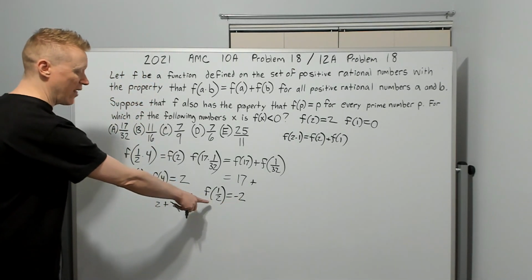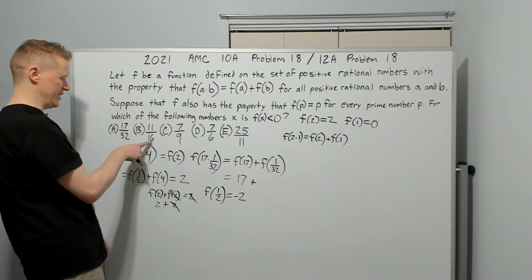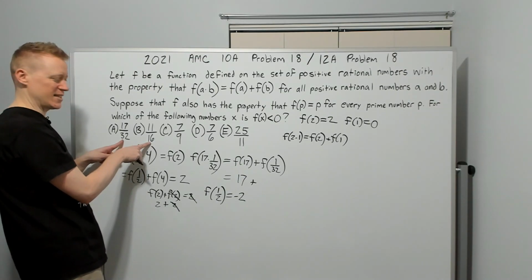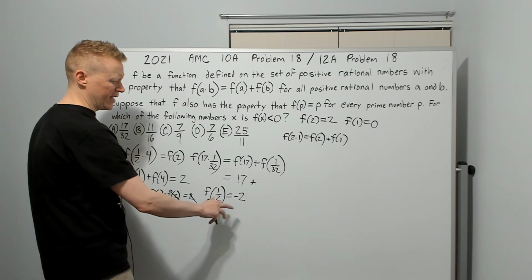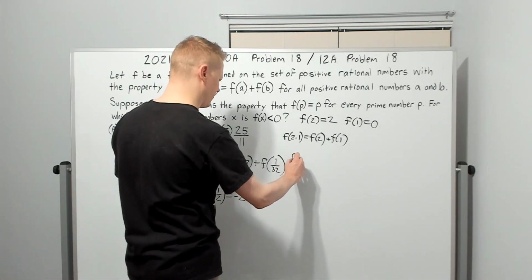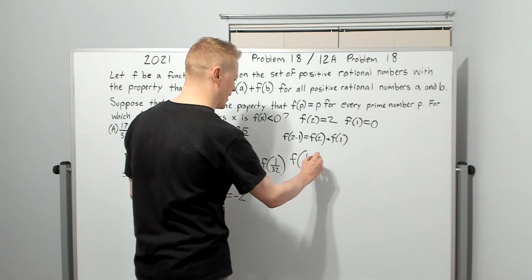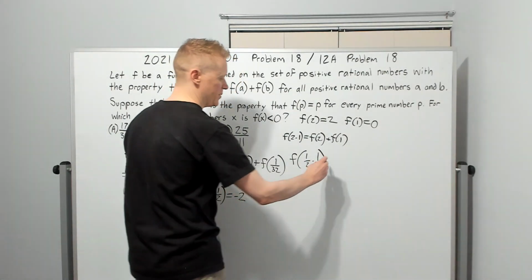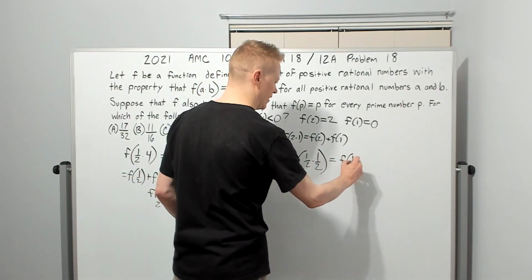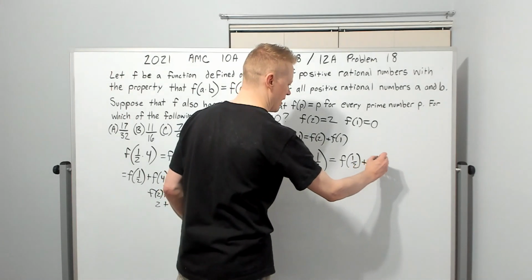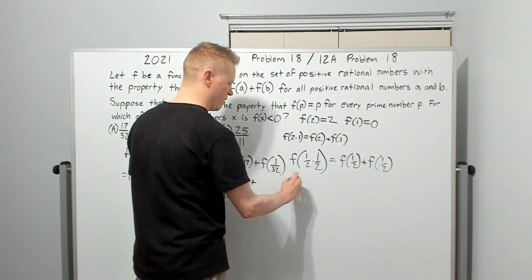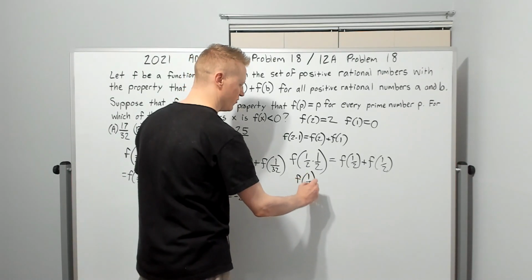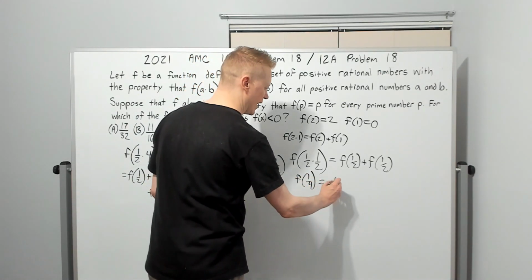But now we've got another tool that we can use to try to get to these two denominators of 16 and 32, and maybe even the 6. So what we're going to have to do is f of 1/2 times 1/2, because that will equal f of 1/2 plus f of 1/2. Now that's -4, so now we know that f of 1/4 is equal to -4.